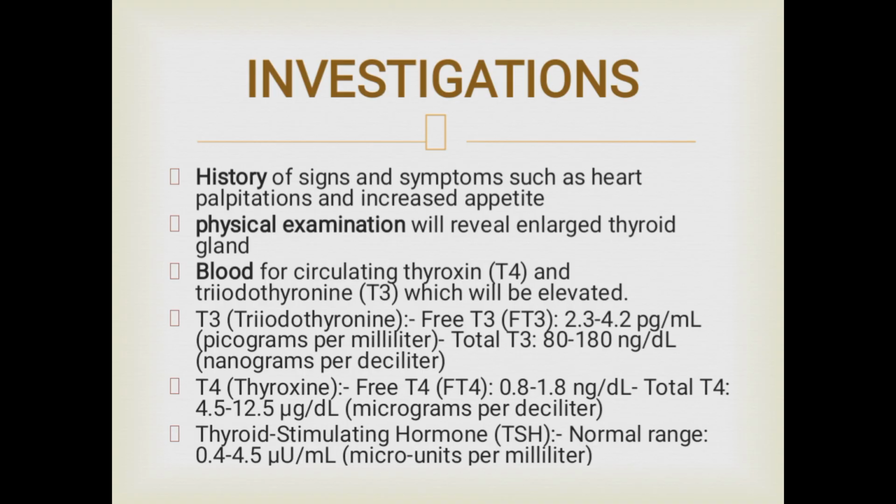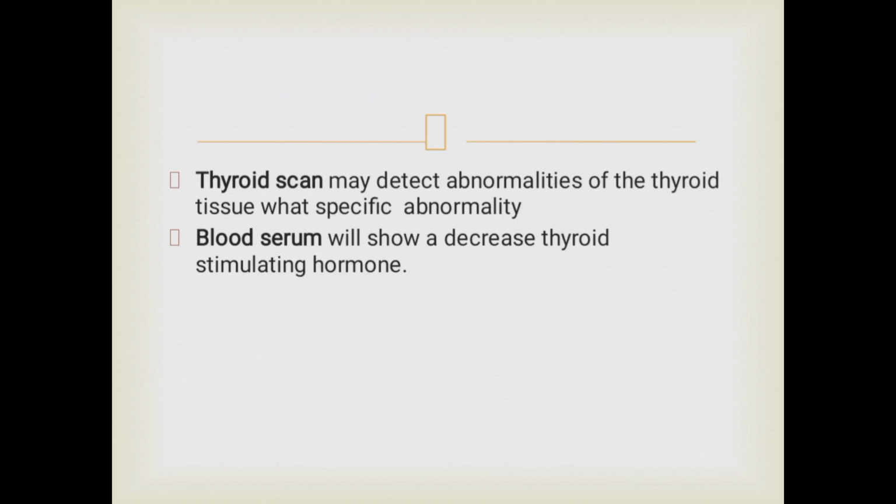So if you're doing a blood test for these hormones, it should be in those ranges, but they will be high. Thyroid scan may detect abnormalities of thyroid tissue, and will also show that there is an enlarged thyroid gland. Then blood serum will show a decreased thyroid stimulating hormone as well.